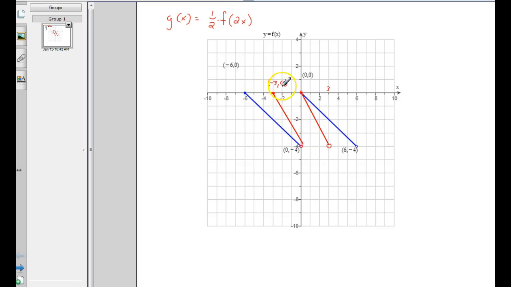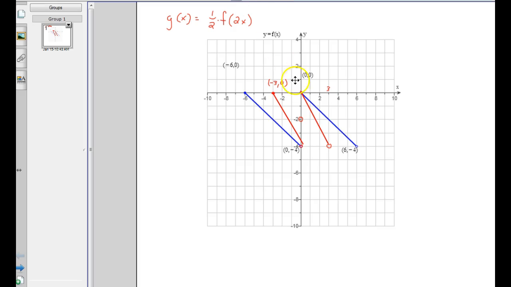Half of this y-coordinate, 0, is still 0. But this y-coordinate, -4, half of -4 is -2. So this open dot down here at -4 is actually going to take place at -2 when all the different operations are said and done.